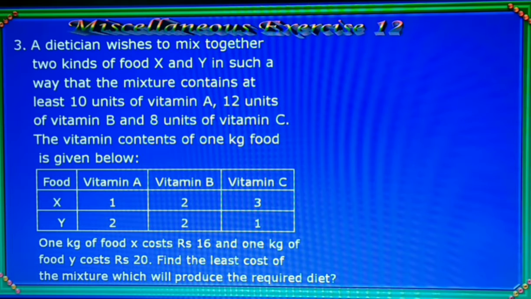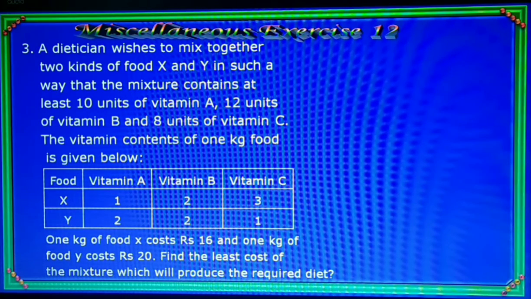Find the least cost of the mixture which will produce the required diet.